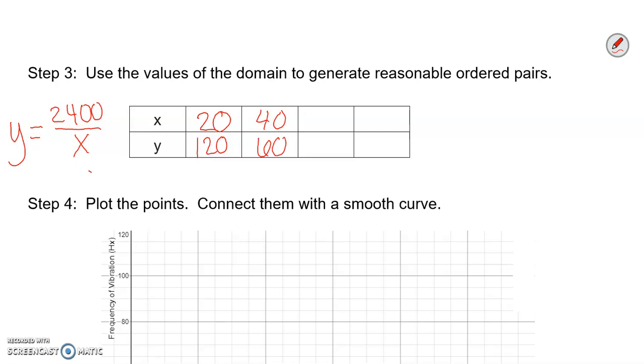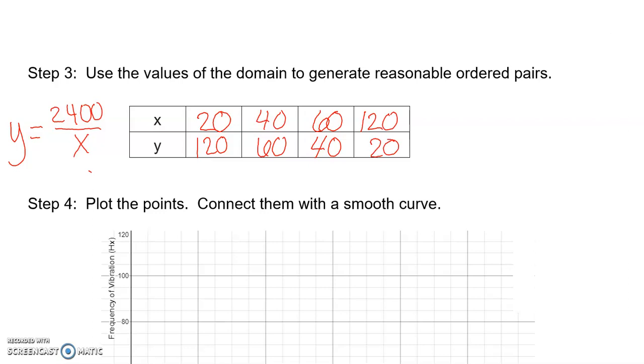I'm then going to choose 60 as our length of guitar string in centimeters. When we put that into our equation, we get 40 hertz. Lastly, I'm going to choose 120, and when we divide 2,400 by 120, we get 20.